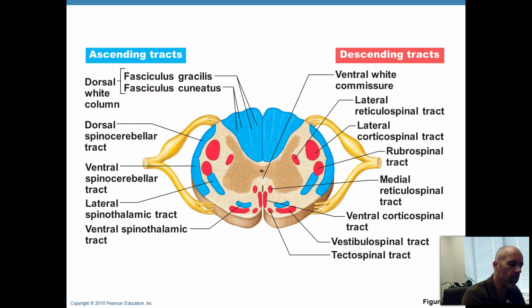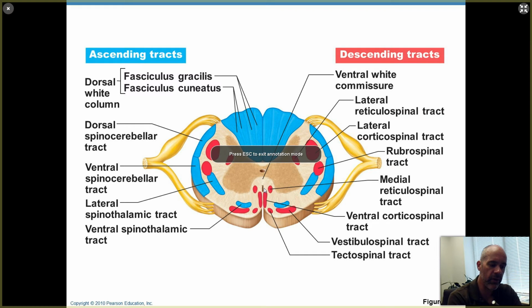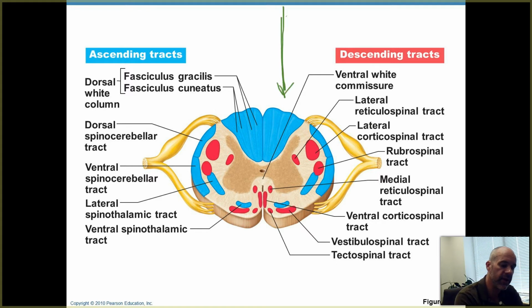Okay, so within the spinal cord, you've got those interneurons that are in there, and you've got motor neurons sitting within the spinal cord. The motor neurons have got to receive information in general coming downward from the brain. So within the brain, you've got neurons whose cell bodies are up there, and they have these long axons that are going to extend downward so that they can influence things that are happening down lower in the spinal cord.